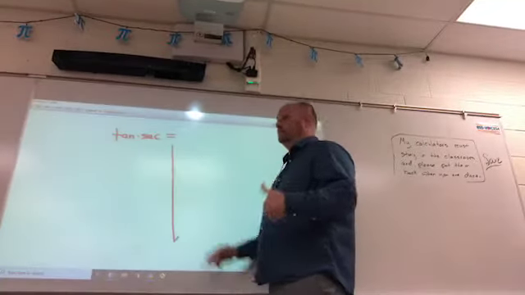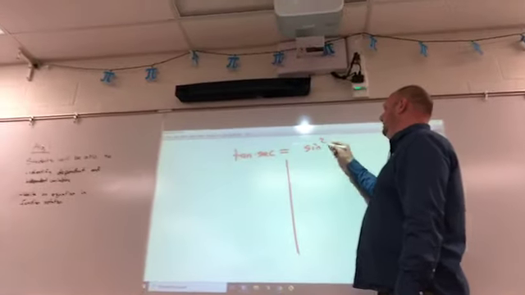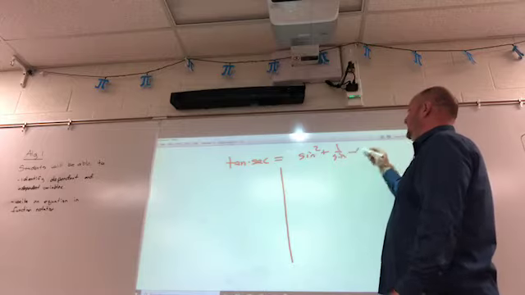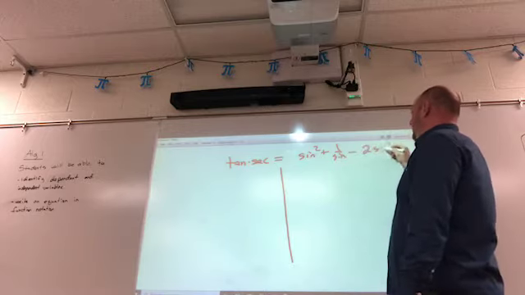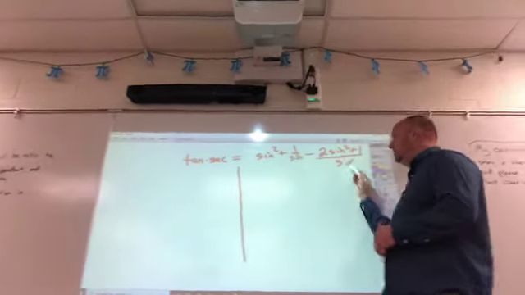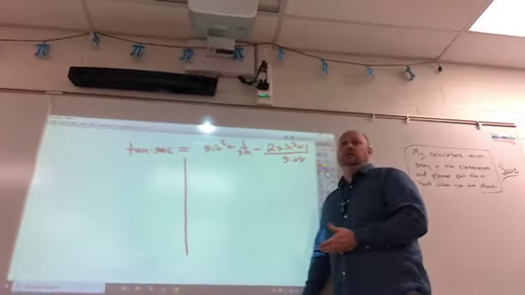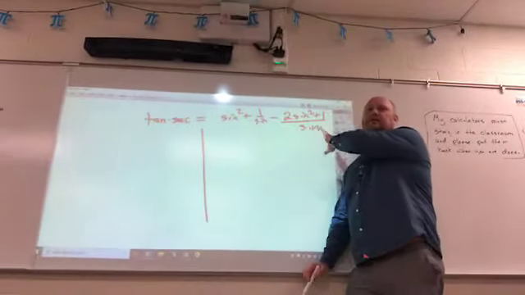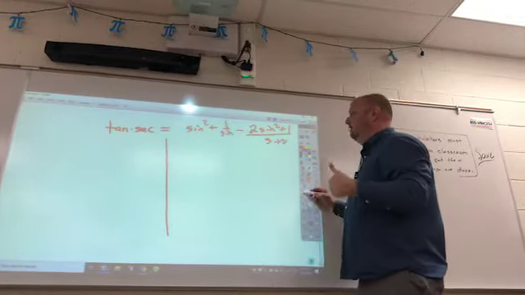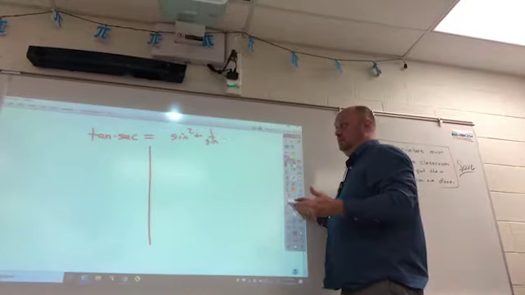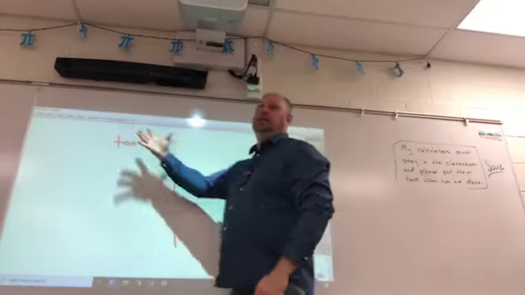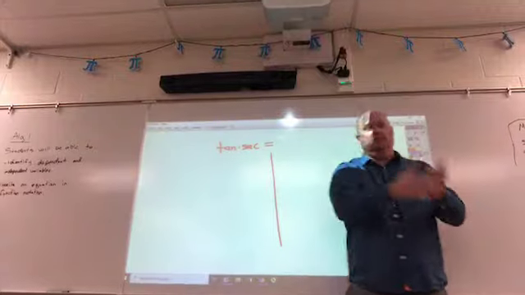But I want you to pretend it's something like sine squared plus 1 over sine minus 2 sine squared plus 1 over sine. Something crazy like that. But what does this side have? What's significant about this side? It's all just sine. So what is our first goal? To get the other side into nothing but sine. Once I accomplish that goal, then I would worry about trying to match them.